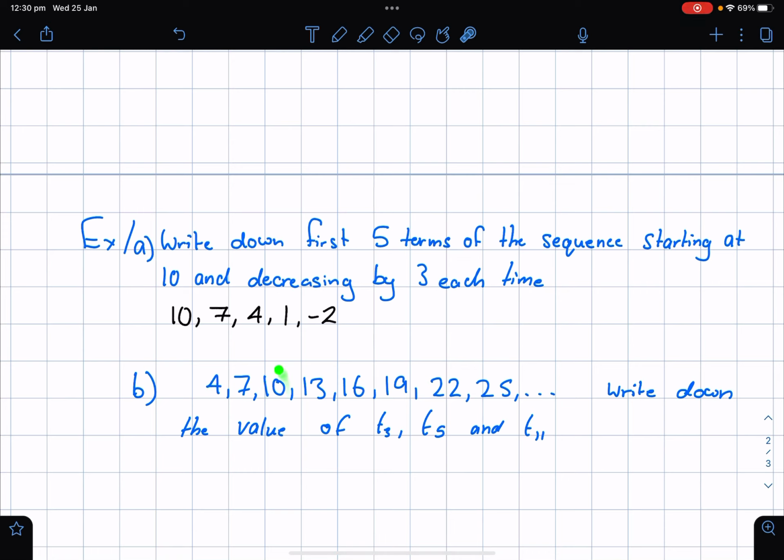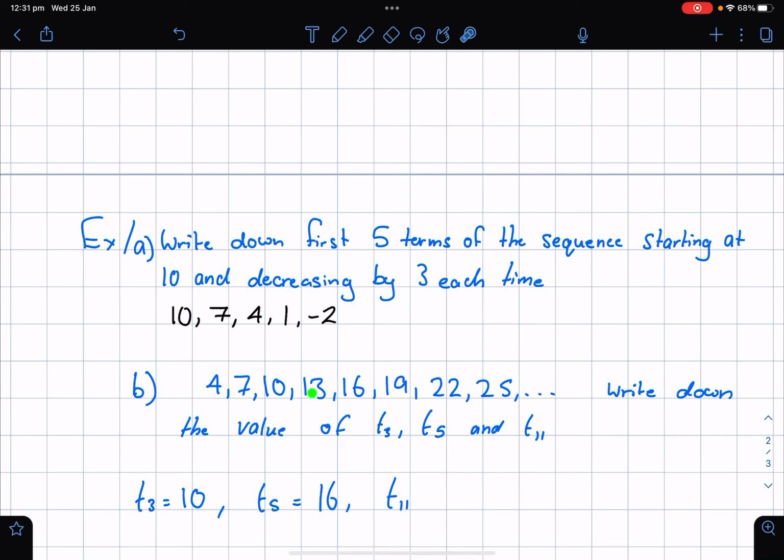So 1, 2, 3, our third term is 10. So T3 equals 10. Now T5, if we use the same process, 1, 2, 3, 4, 5, we can see that that is 16.